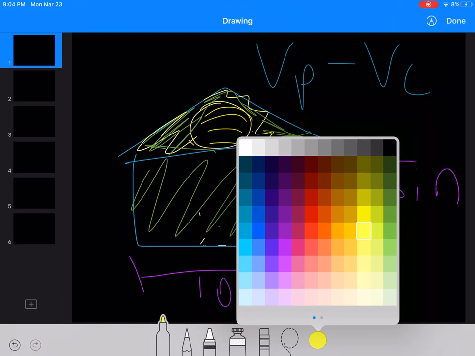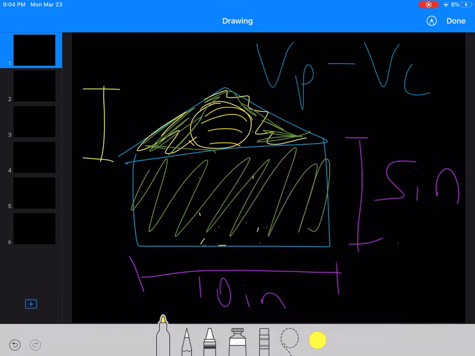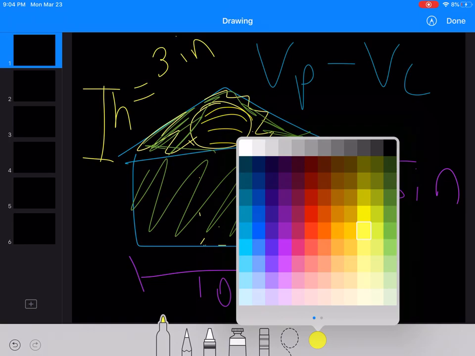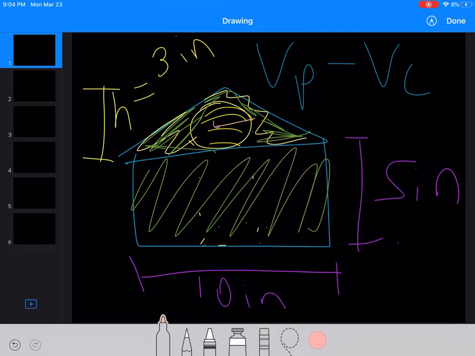Here, the height of this triangle is going to be 3 inches. And the radius of that cylinder is going to be 1 inch. So that's all the information we need to solve this problem.